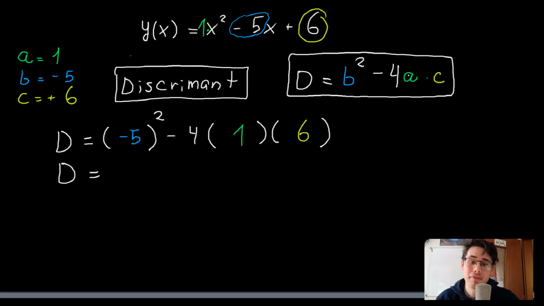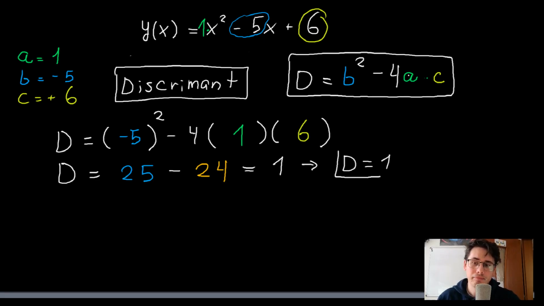Minus 5 squared, hopefully we remember this, is plus 25. Minus 4 times 1 times 6 is 24. And the discriminant is 1. So D equals 1.